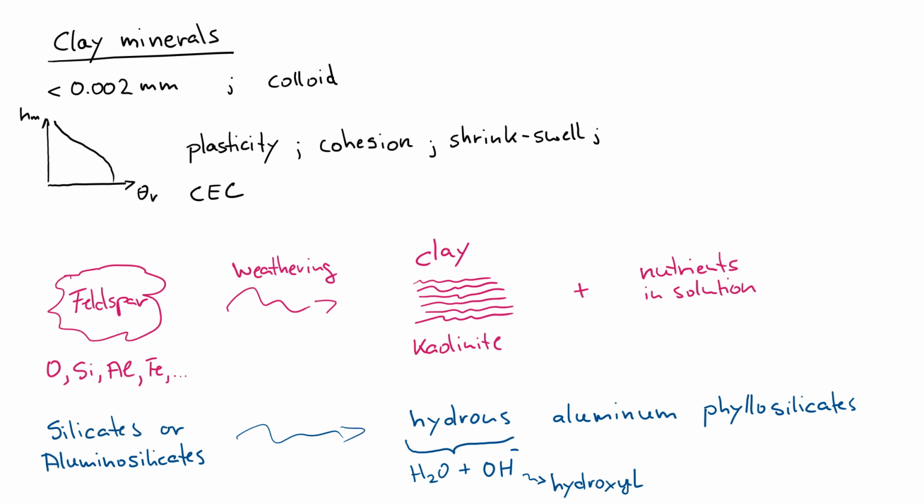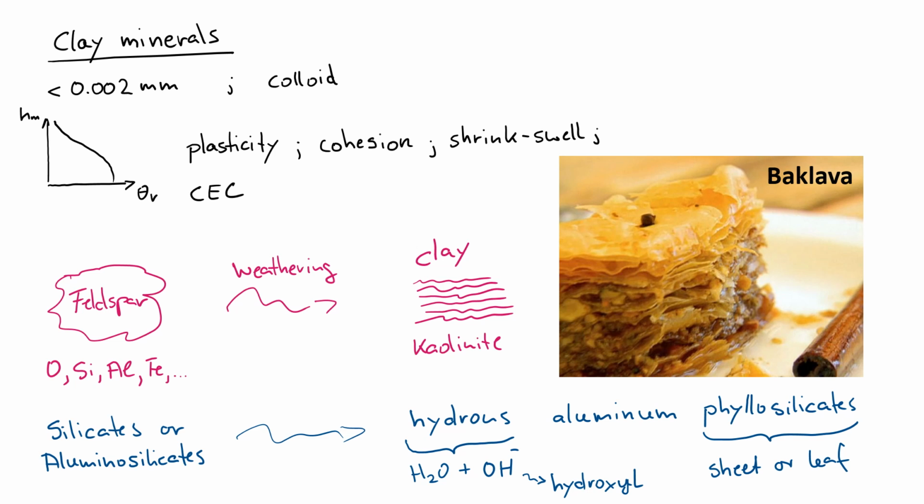Aluminum refers to the aluminum silicates, and phyllo, well, that means sheet or leaf. Matter of fact, phyllo comes from the Greek word for leaf. And this is descriptive of clay minerals, not all, but quite a few of them, forming sheet-like structures like you would in a phyllo dough, which is named for the very same reason.